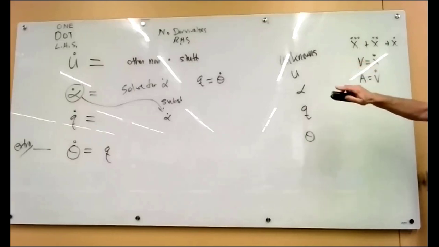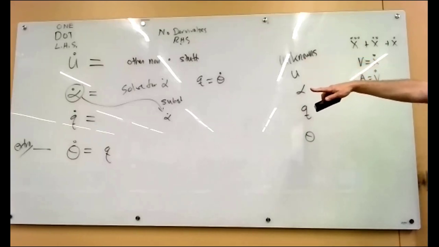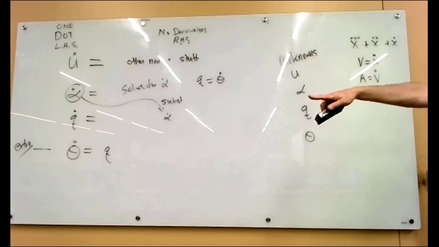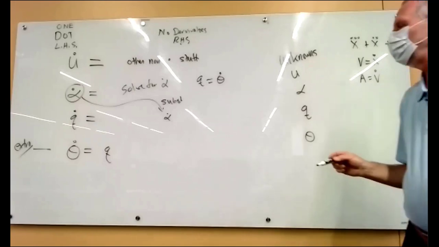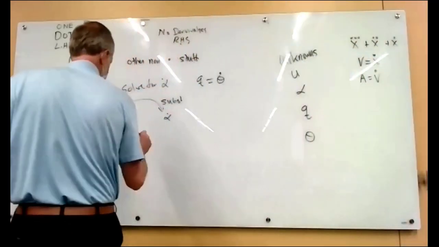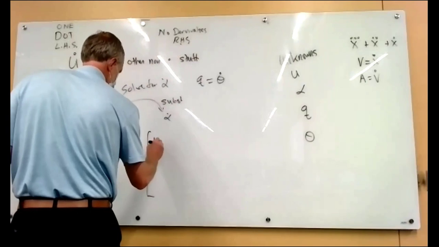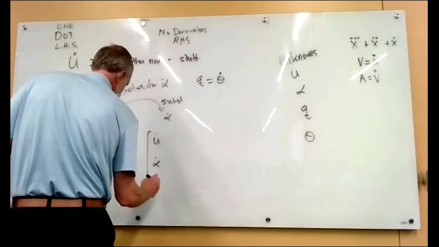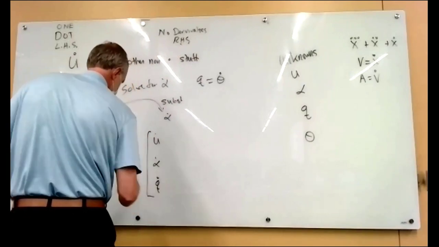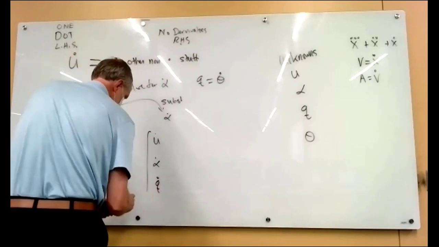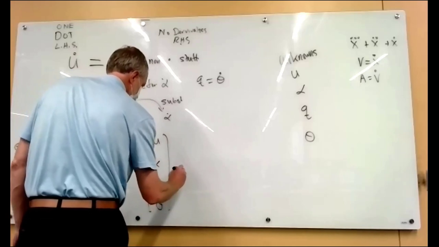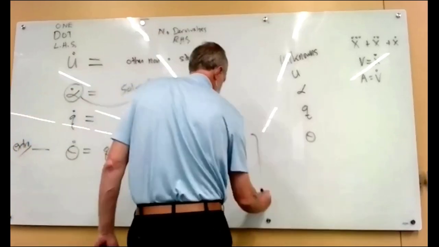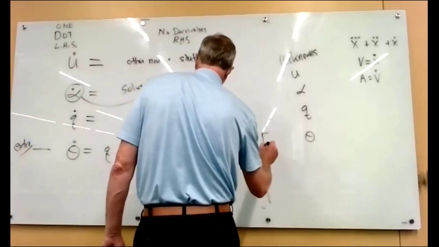We're doing airplanes, and here it's real natural because of the definitions of how theta and Q are related and things like that. All right, so this is state space form for what we're doing. We have dots on the left and no dots over here.